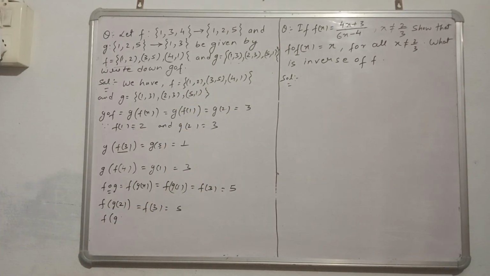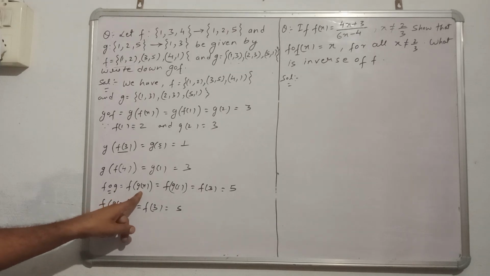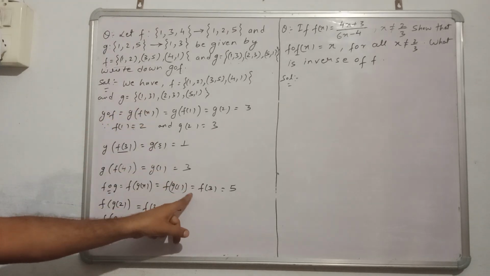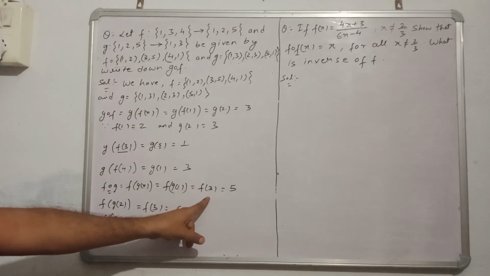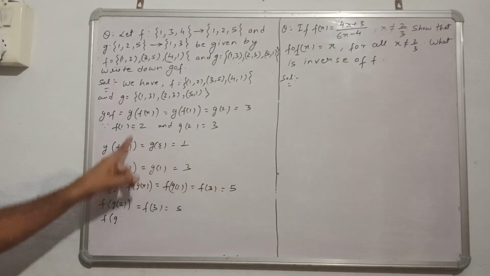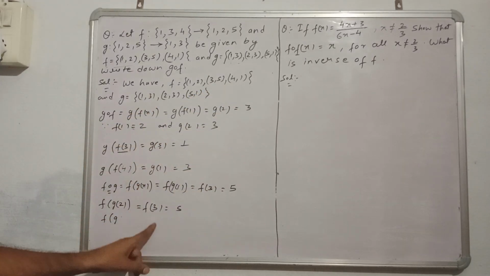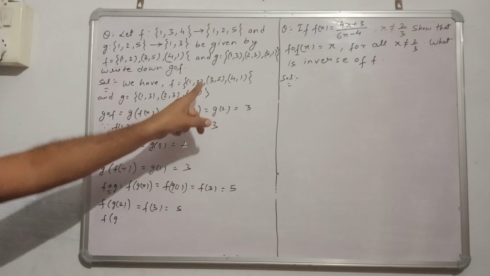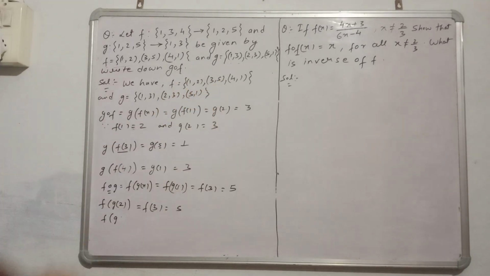F(3) is 5. So g(1) is 3, giving 5. For 2, g gives 3, and at 3 in function f you are getting 5.